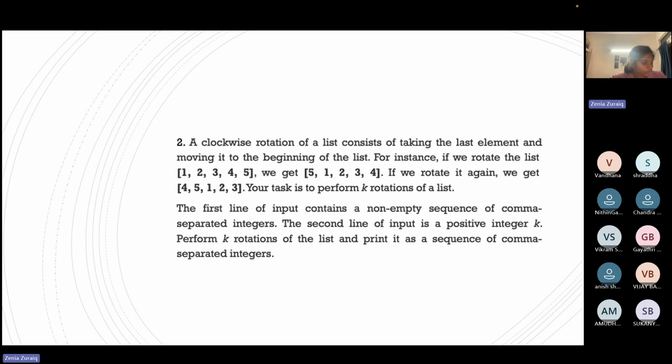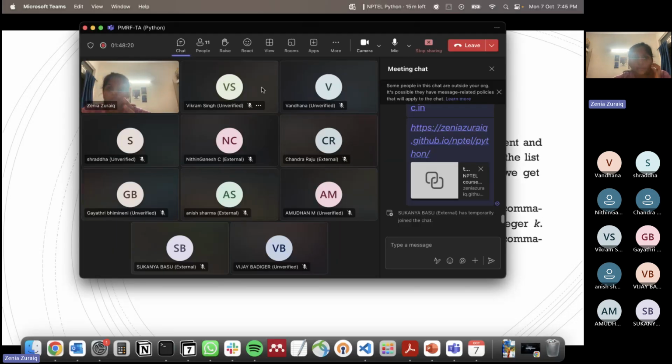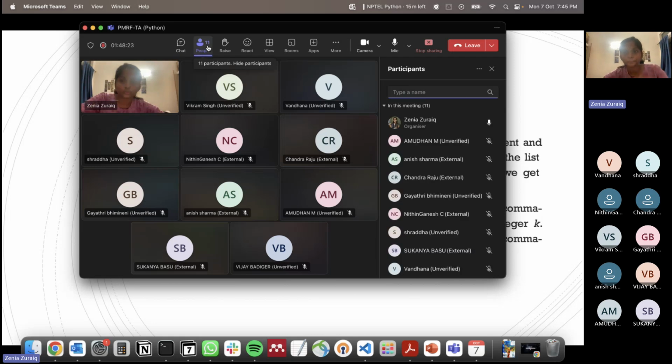Are you all working on it? Did anyone get the solution or at least the logic? Have you got the logic of how to do it? Okay, I'll give you a couple more minutes, then we'll discuss the solution.